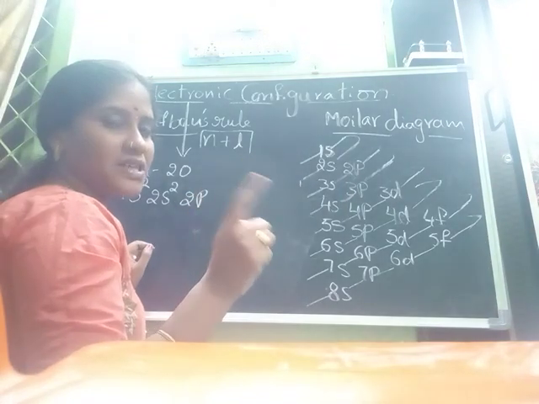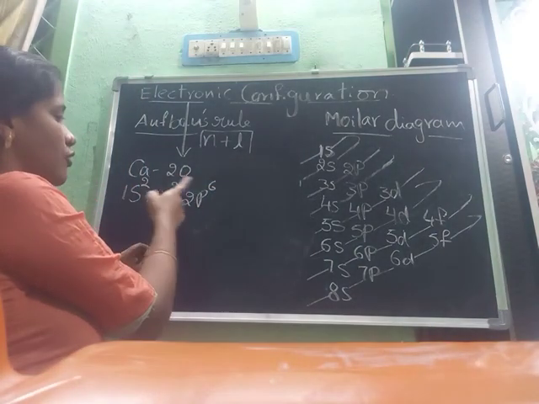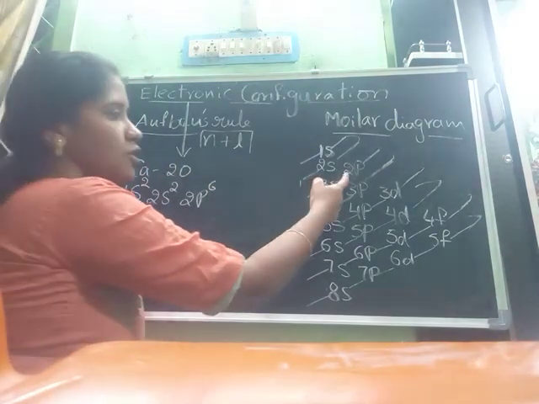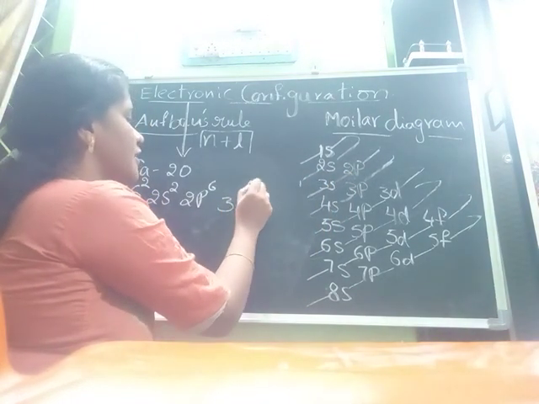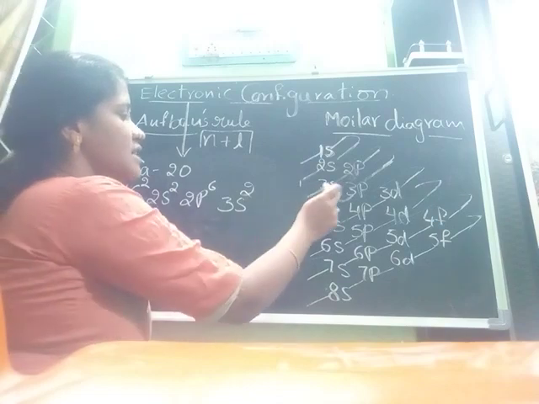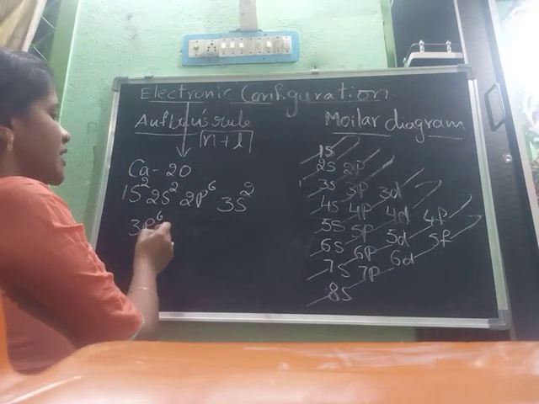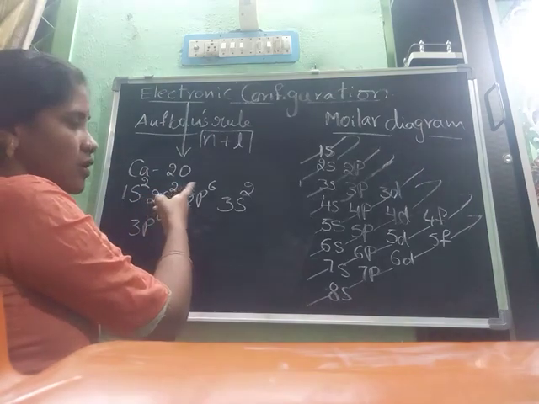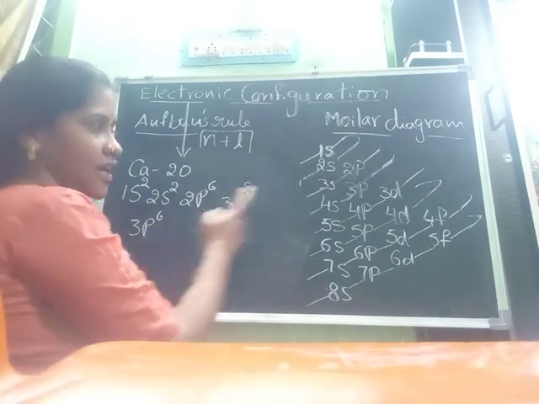P subshell maximum is 6, so we can write 6. 2 plus 2, 4. 4 plus 6, 10 completed. 2p next is 3s, 2. 3s next is 3p, 6. Count it: 10 plus 2, 12. 12 plus 6, 18. 18 are completed.